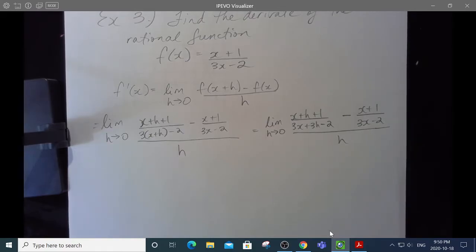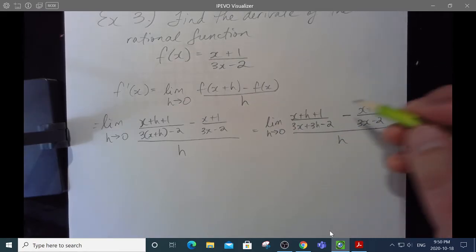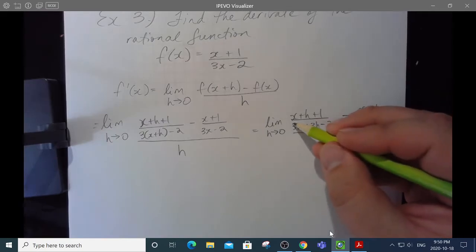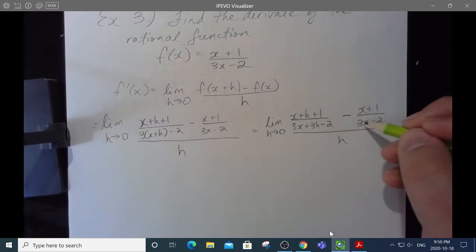Okay, once again, we're at this place we've been at so many times this year where we have to get rid of this denominator h. What tool in my toolbox is going to let me do that? Well, this is a fraction minus a fraction. I guess I'll have to try a common denominator. My common denominator will be this denominator times this one.